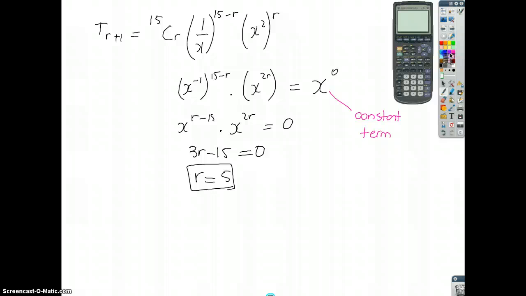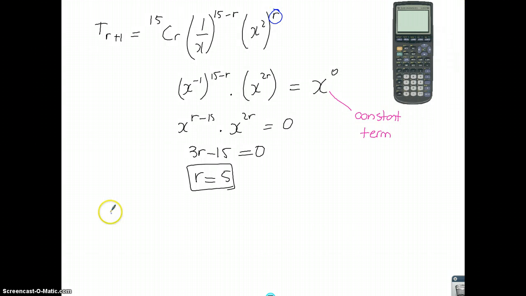Well, let's go back up here. We can now put our r back into here. So we have term 5 plus 1. We know it's the 6th term. We've got 15, choose 5. I'm just changing my notation again, just to mix it up a bit. And we have 1 over x to the 15 minus 5.